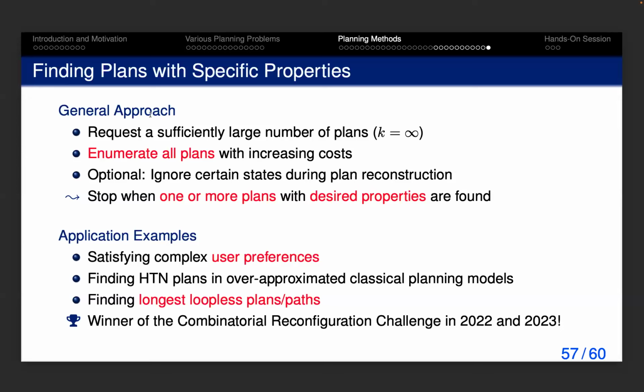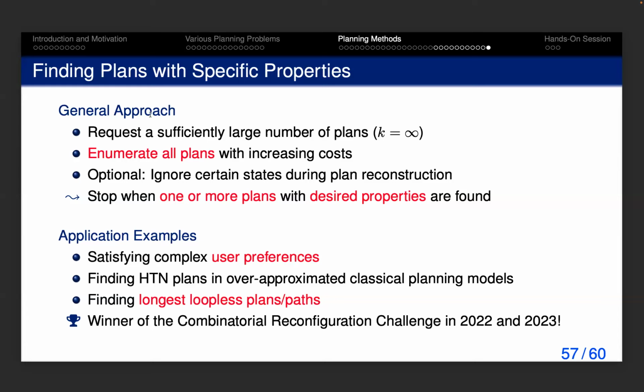And actually, where loopy plans are important, so sometimes you want them, is for finding hierarchical task network plans. For some fragments of planning, you can model it as classical planning, throwing away some aspects, and then you can generate multiple plans and just check if it's already a plan of the original model.